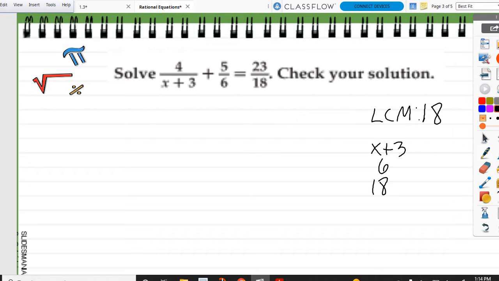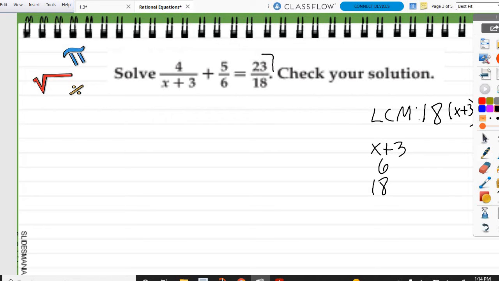Now, will x plus 3 go into 18? Will x plus 3 go into itself? Yes, so we need to add an x plus 3 here. Does that make sense? Just like on our last one, 3 and 4, neither one of those goes into each other, so we use both of them. If the x plus 3 doesn't go into it, we just have to put it on there by itself.